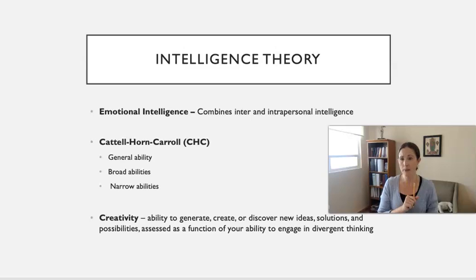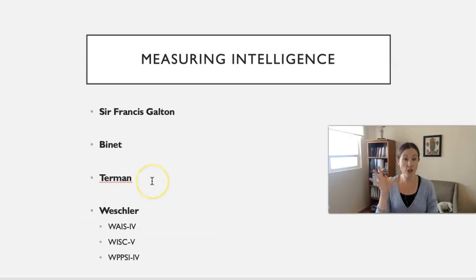So how do we measure intelligence? The first person who created sort of a broad intelligence test was Sir Francis Galton in the early 1900s. And the first sort of reliable intelligence tests began with Binet.